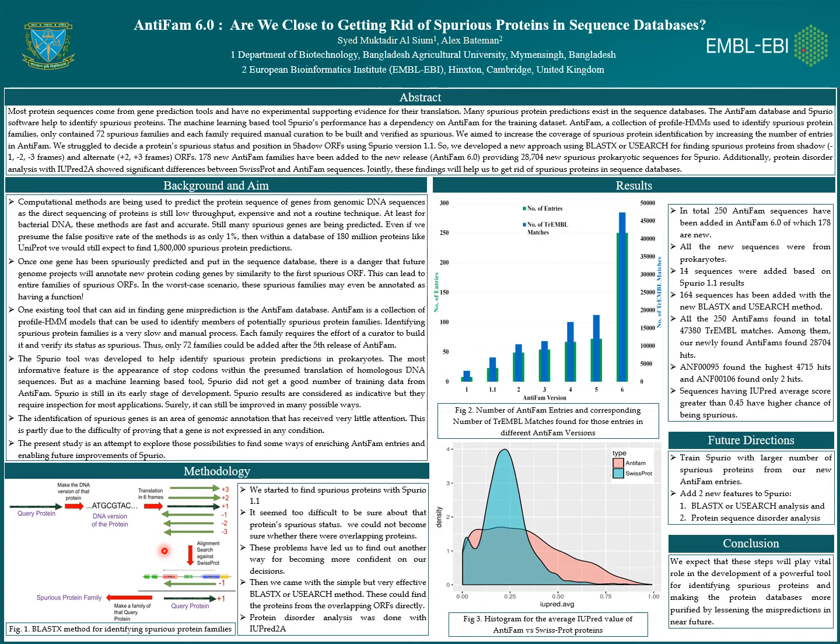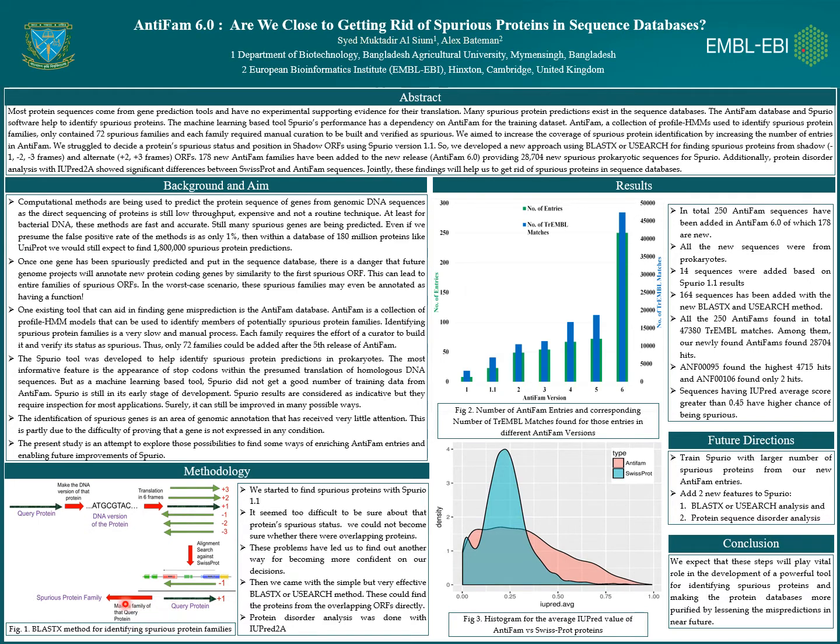So what happens if any match is found to a true protein in the -1, -2, or -3 frame, and this is a true protein, and there is a -1 frame. So this makes our protein, this one, in the +1 frame, a fake protein, that is, a spurious protein.